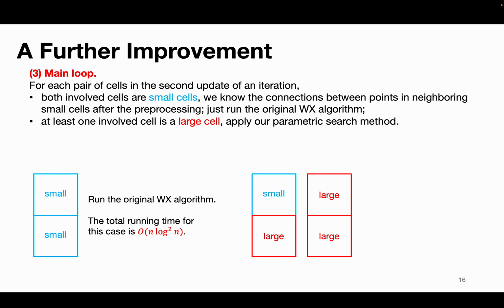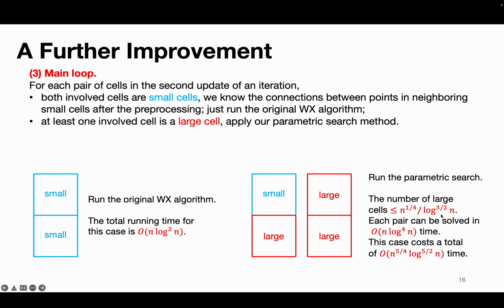The number of large cells is at most n to the 1 over 4 over log to the 3 over 2 n, and each pair can be solved in n times log to the fourth n time. So this case costs a total of n to the 5 over 4 times log to the 5 over 2 n time, the same as the running time of our preprocessing for all small cells.